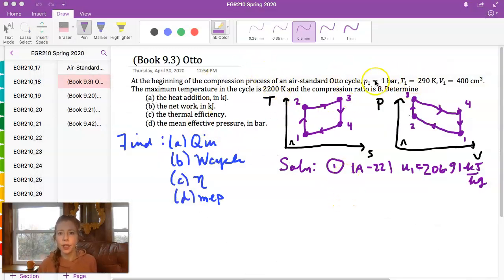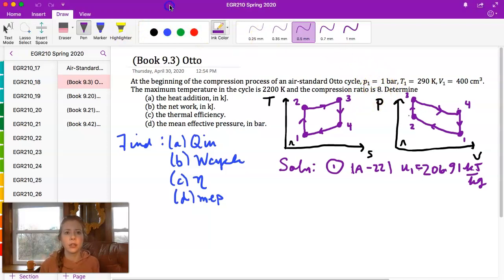So for state 2, we're given that the compression ratio is 8. And the compression ratio is defined as V1 over V2. Okay, and it's going to be the same as VR1 over VR2.